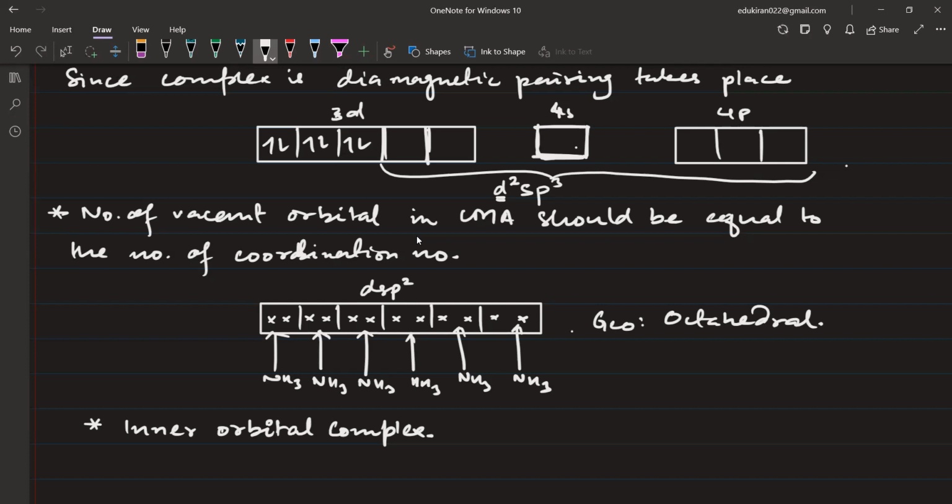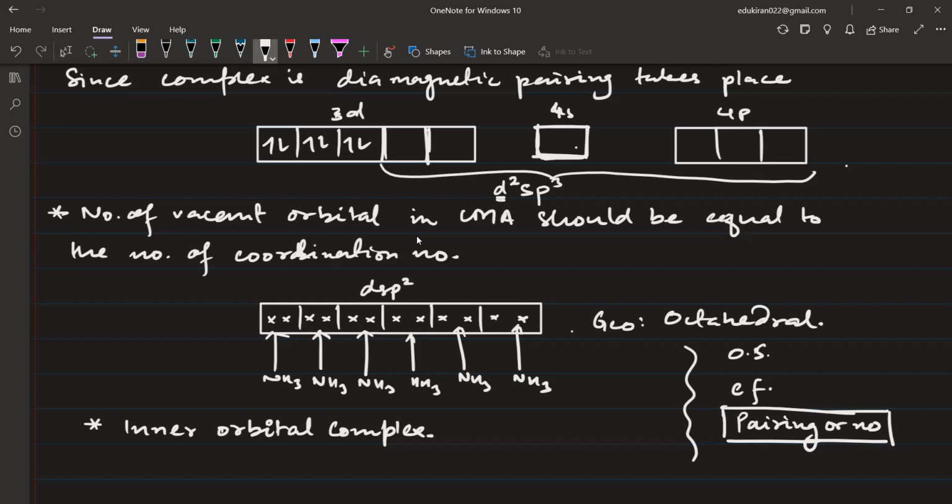Okay, so what are the steps that you need to follow? First of all, get the oxidation state. From the oxidation state, get the electronic configuration of that particular oxidation state. Then decide whether there will be pairing or no pairing. This step will be given to you. If it is given as diamagnetic or paramagnetic, then you can write it there, because it is a diamagnetic complex.